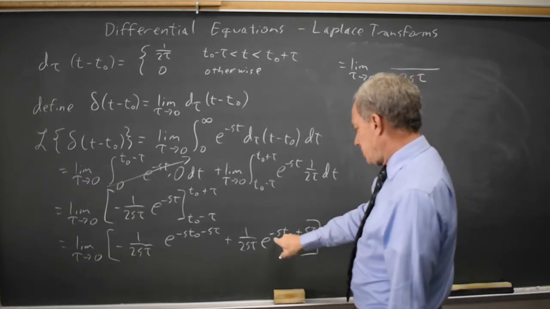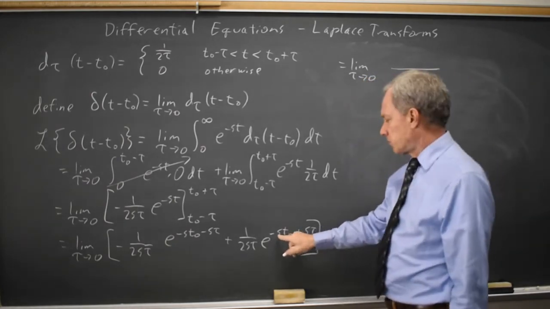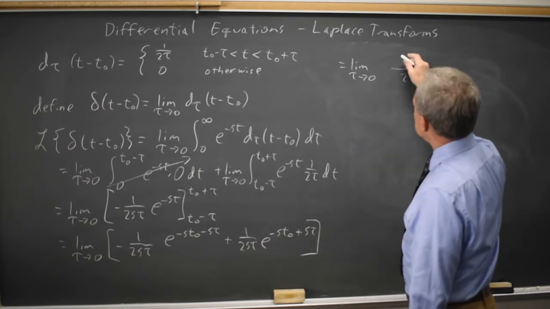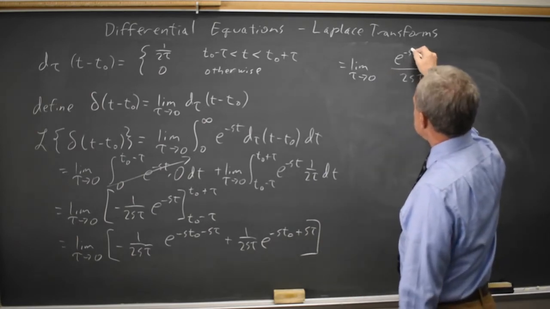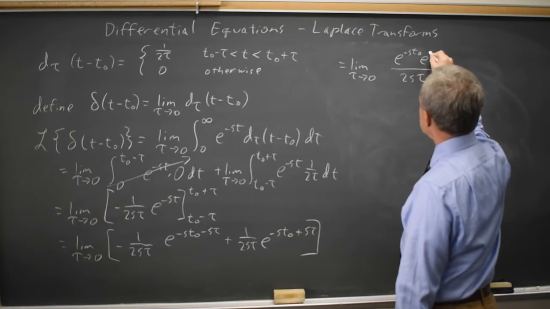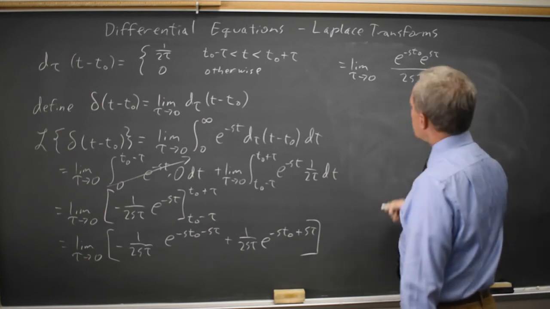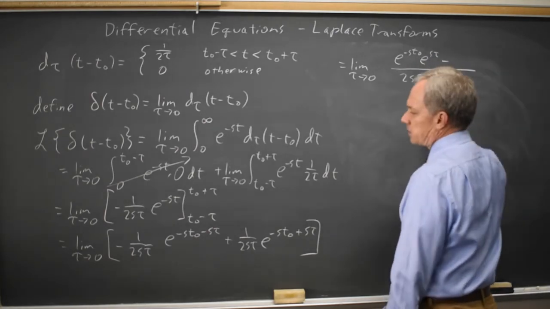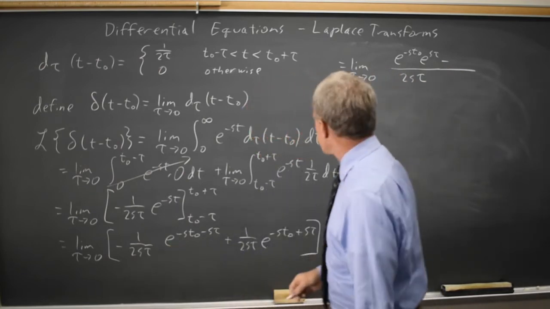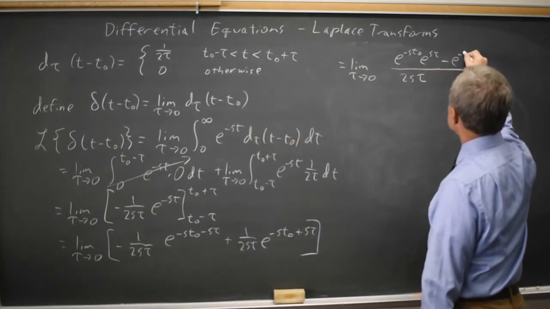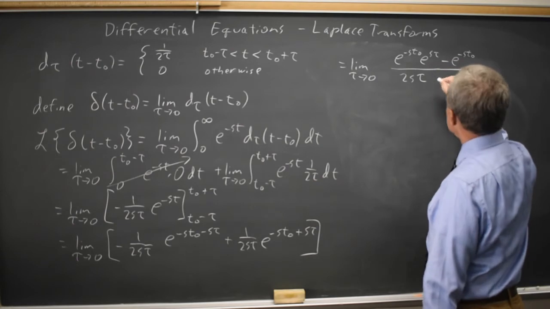I'm going to take this first. I'm going to apply an exponent rule and write that as e to the negative st0 e to the s tau, and then minus my second term, which is e to the negative st0 e to the negative s tau.